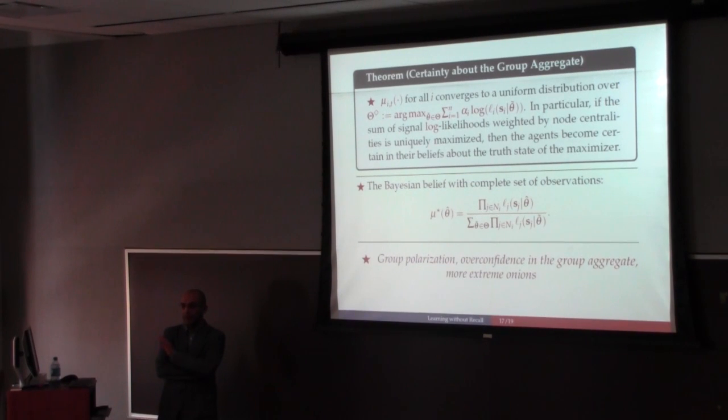So if somebody has received some signal, just because their location is more central, that signal would have a greater effect in determining the support of the asymptotic belief. And if the maximizer is unique, then the belief would be a point mass concentrated on that unique maximizer.